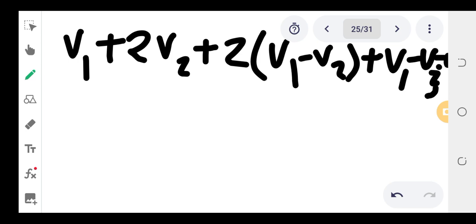So if we were to reduce this by collecting like terms, we get V1 plus V plus 2V1 plus V1. How many V1s do we have?